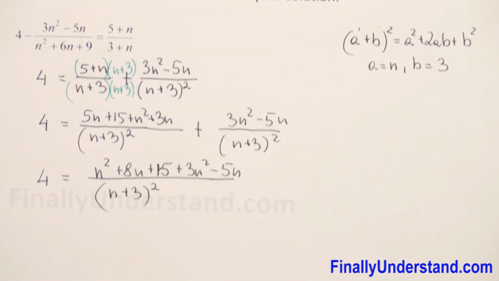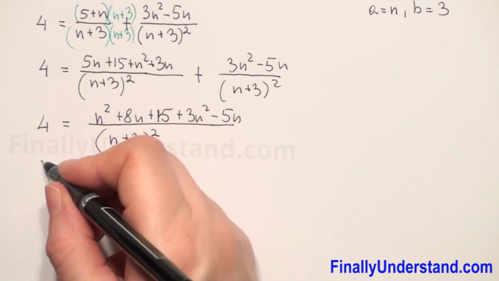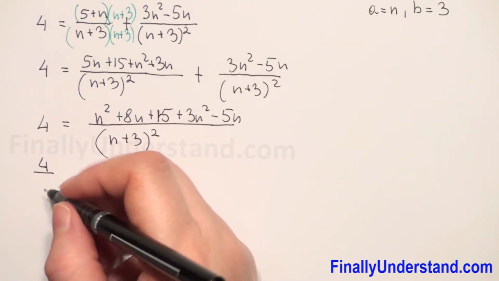We will copy the left side, and because we have a fraction on the right side, I will rewrite 4 as a fraction. I have to write only 4 over 1.